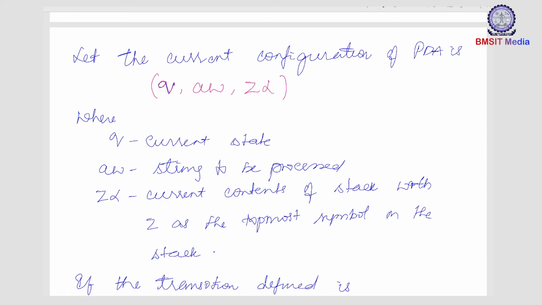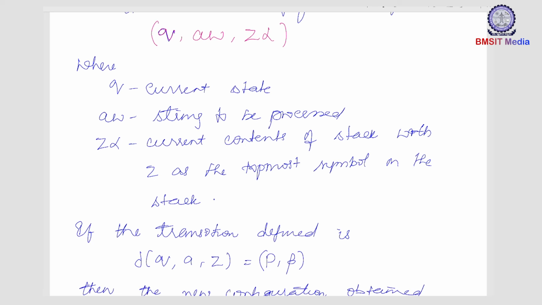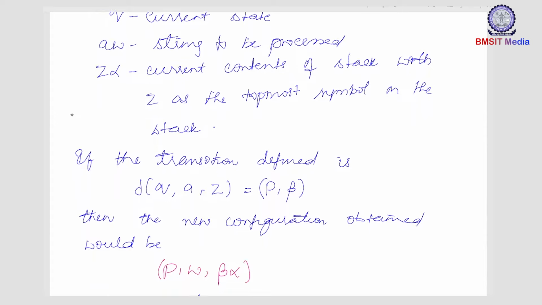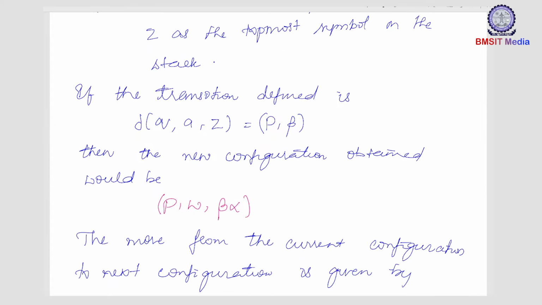Let the current configuration of the PDA be (q, aw, Z alpha), where q is the current state, aw is the string to be processed, and Z alpha is the current contents of the stack, with Z the topmost symbol.